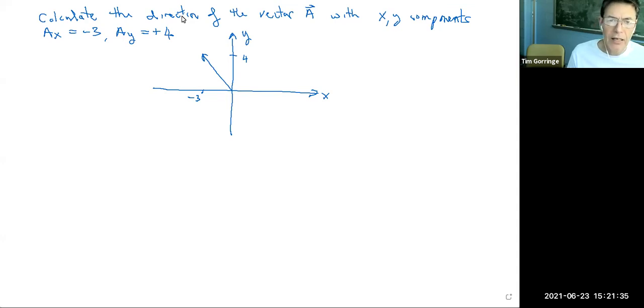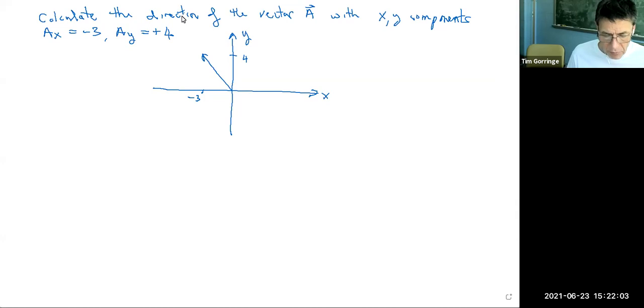With respect to the positive x direction? Those can be different angles. And so the calculation depends on the particular angle that you're trying to calculate. So let me show you an example.